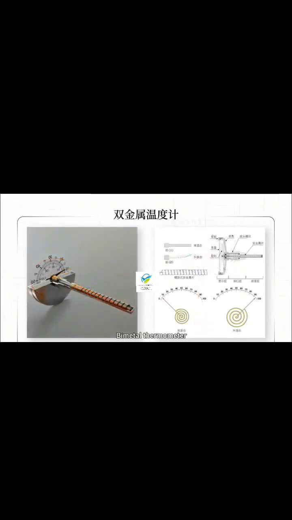Thermal expansion thermometers are made according to the principle of thermal expansion of objects, and the common ones are bimetal disc thermometers, glass liquid thermometers, and pressure thermometers. For example, the mercury thermometer and the alcohol thermometer that we usually use to measure body temperature are glass liquid thermometers.